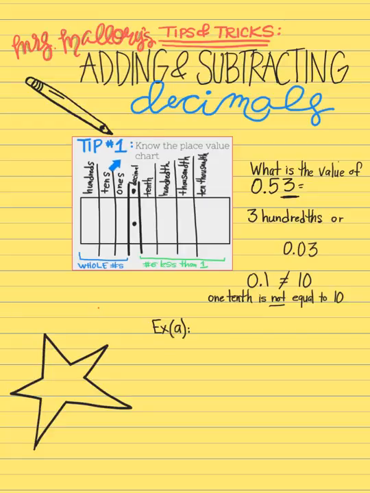For tip 1, I want you to write out this chart. Draw a box, and then draw lines, because this is the place value chart. It's really important that you know the place value chart. We have our hundreds, our tens, and our ones, and those are our whole numbers, like 125, or 1, or 8, or 18.